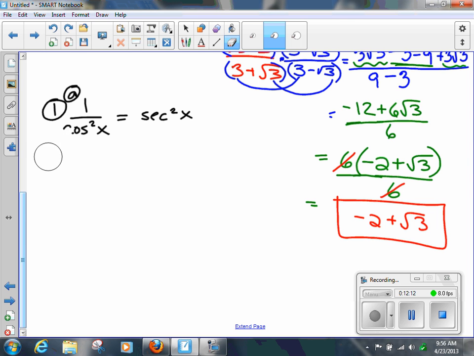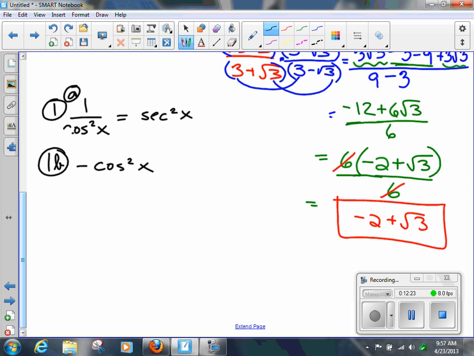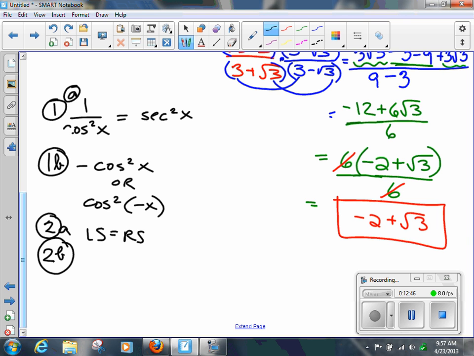This is 1B. 1B is negative cosine squared x or cosine squared negative x. Either one of those is acceptable. 2A, you got to get the left side equal to the right side. 2B, you got to get the right side equal to the left side.